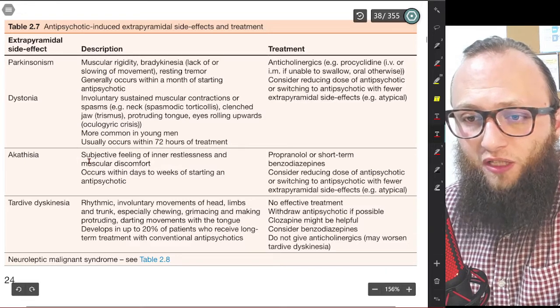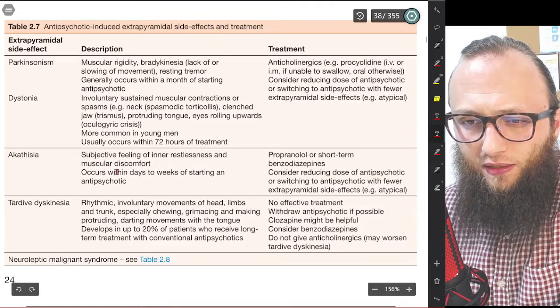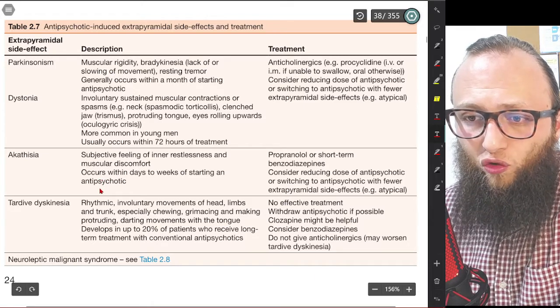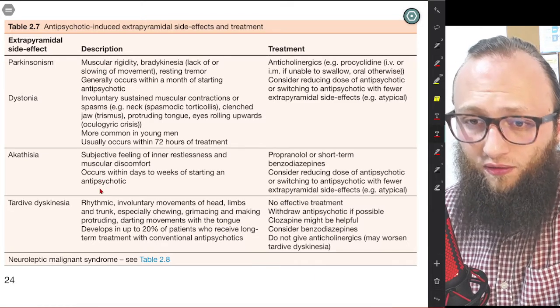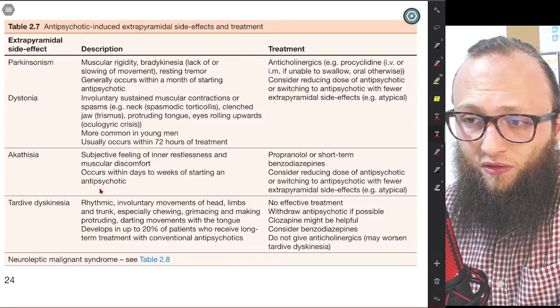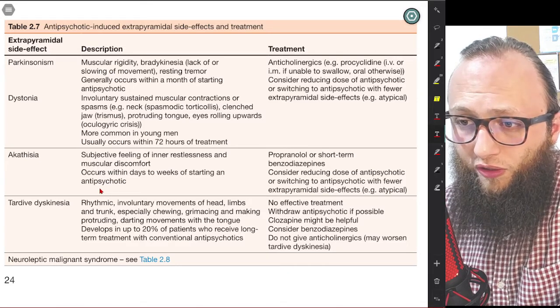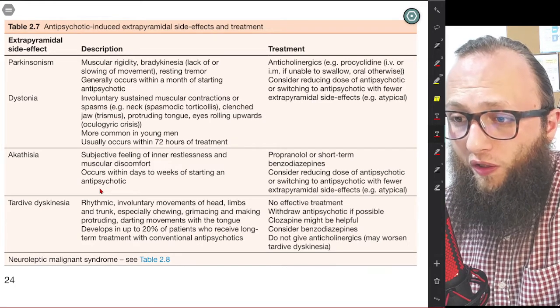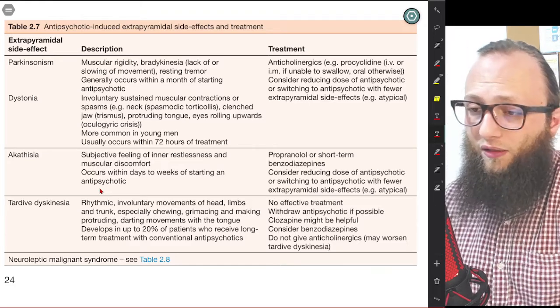Akathisia is subjective feeling of inner restlessness and muscular discomfort. Occurs within days to weeks of starting an antipsychotic. The treatment is propranolol for short-term, benzodiazepines. Consider reducing dose of antipsychotic or switching to antipsychotic with fewer extrapyramidal side effects, like atypicals.